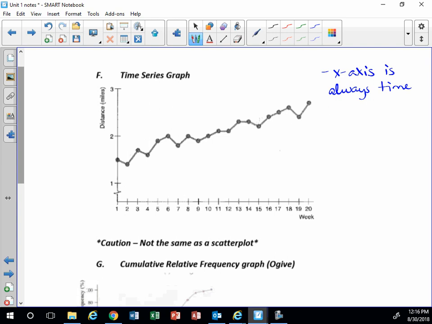So what we're looking at here is distance. We don't know what distance traveled when, but distance traveled over a certain number of weeks. And so you can look at how far they traveled in the 11th week, how far they traveled in the 17th week. So you can see a trend.